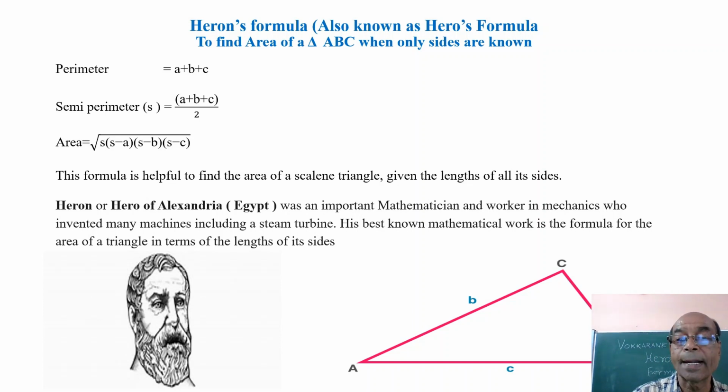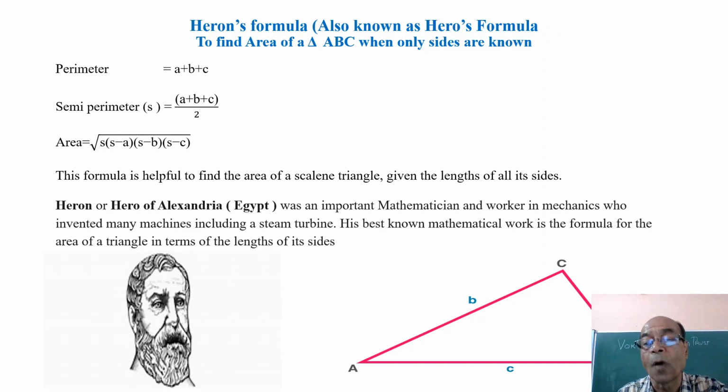So what he did, he calculated the length of each side and derived the semi-perimeter. What is perimeter? We know it is a plus b plus c. Semi-perimeter is a plus b plus c divided by 2. That is, half of the perimeter is the semi-perimeter.